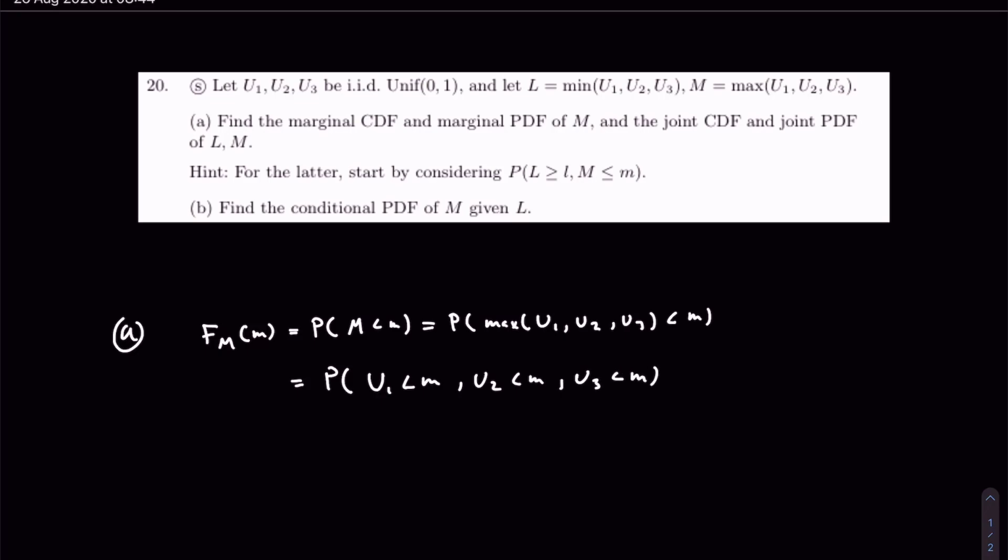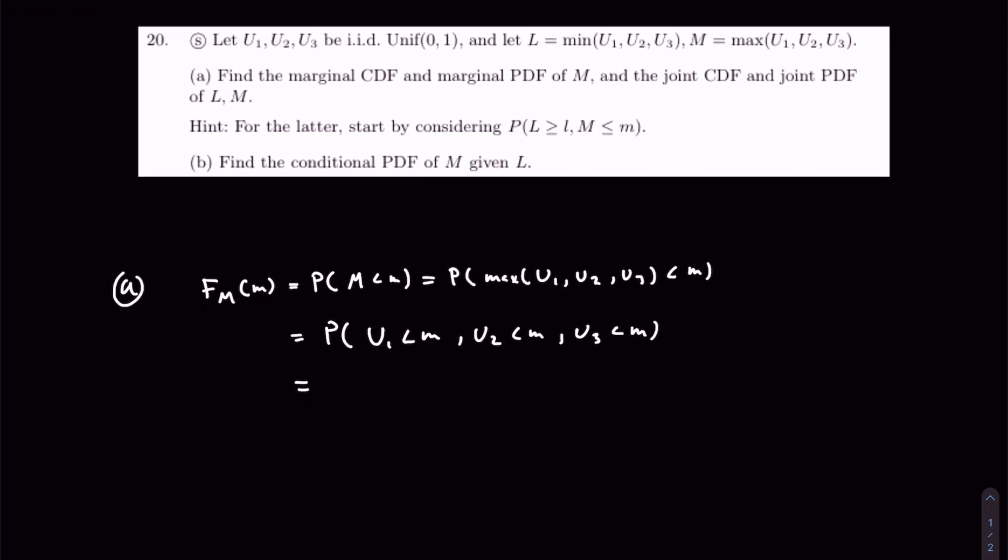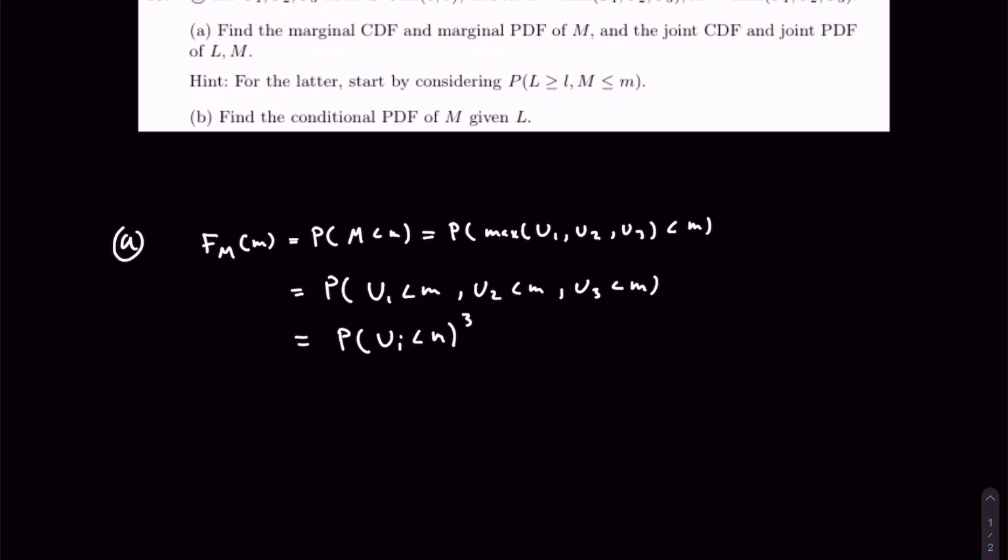And this is very helpful because now we write it like I just did, and we use the fact that they are independent, which means that we can write them as ui being less than m. And now we have 3 of these, so I'll just write i, and all of them to the power 3.